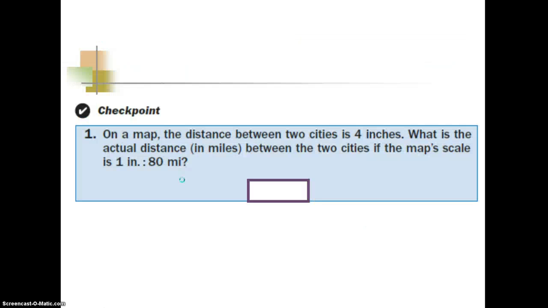Try number 1. On the map, the distance between 2 cities is 4 inches. What's the actual distance between the 2 cities if the scale is 1 inch per 80 miles? Set up the proportion and solve. Pause the video.